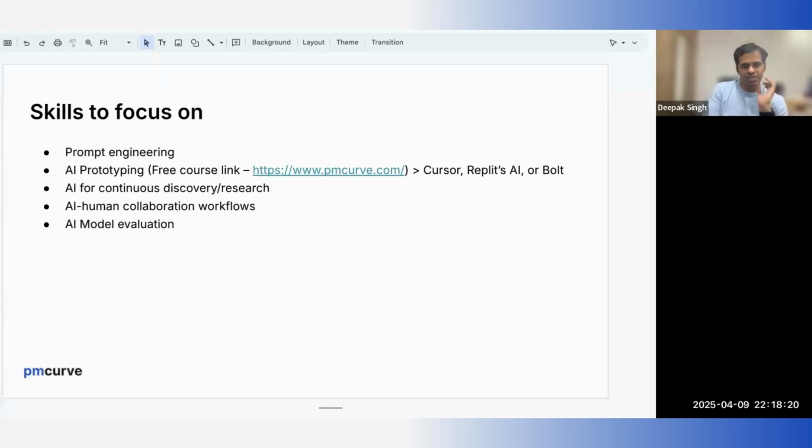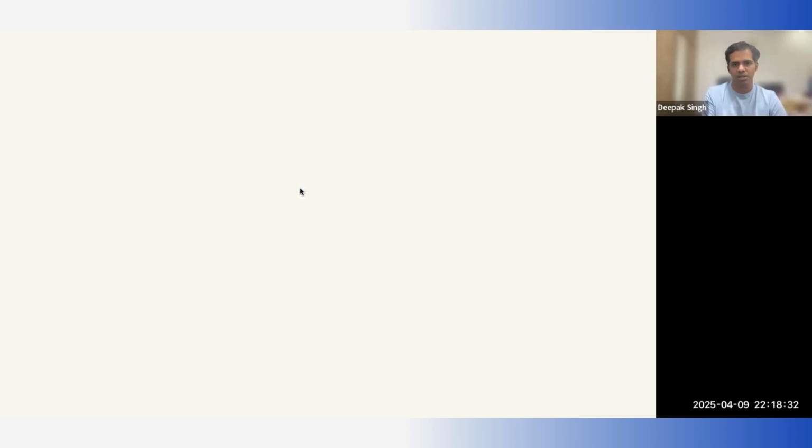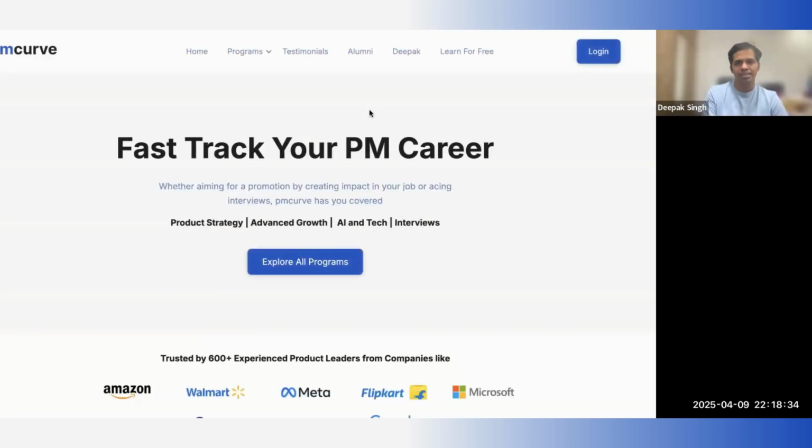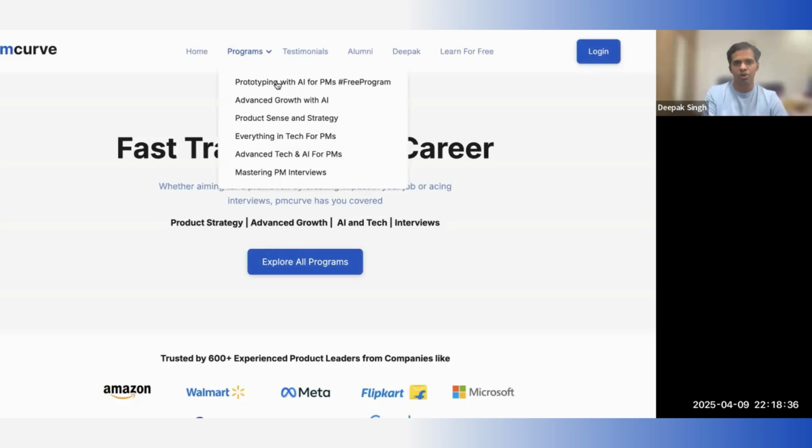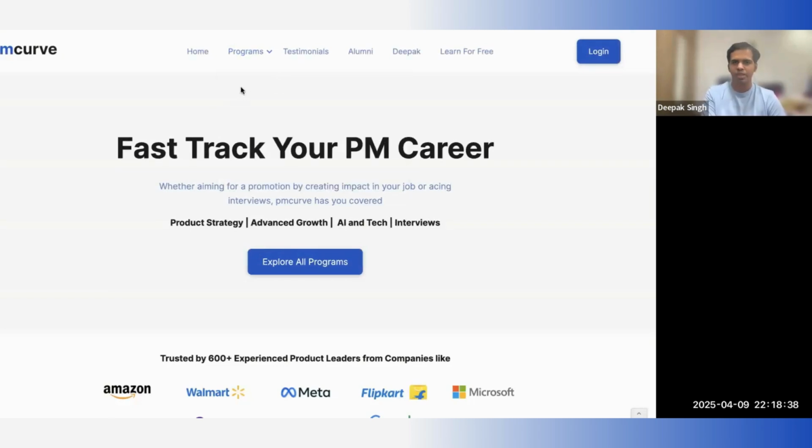The second thing, which is a skill you should be picking, is actually AI prototyping. AI prototyping is getting very popular. In fact, there is a free course on pmcurve, 10-12 hours of content, taken by 2000 odd PMs.